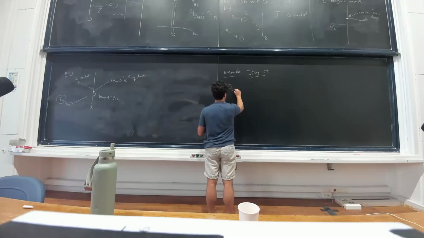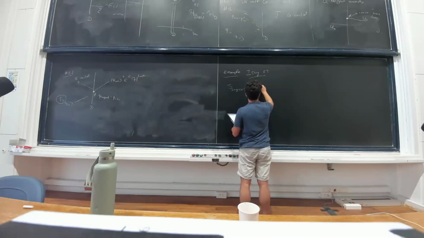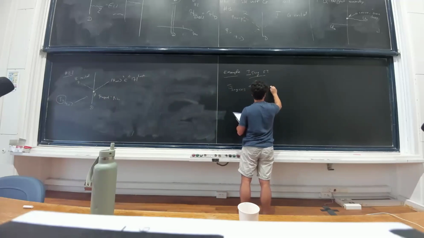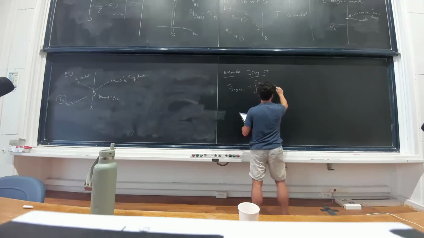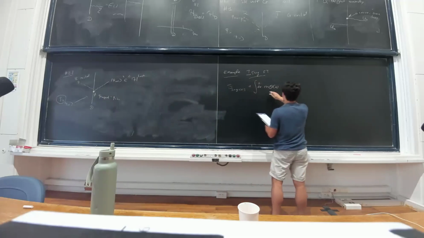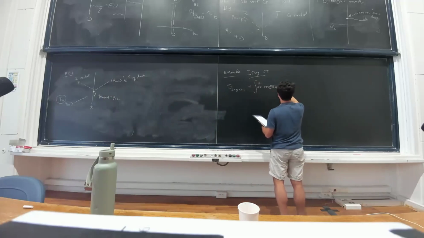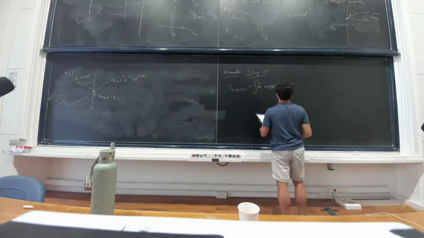I start from the Ising CFT, and I consider a defect in the Ising theory obtained by considering a mass deformation that depends on x, which I can take to be plus m on one side and minus m on the other side.